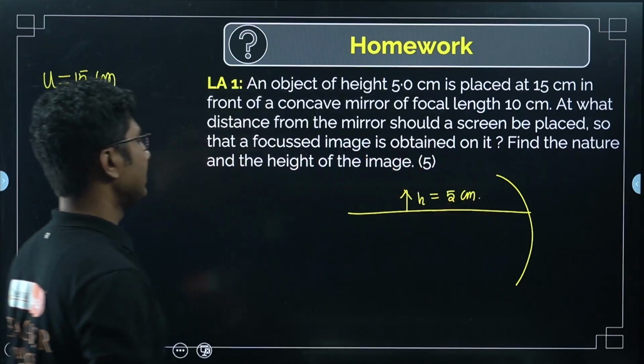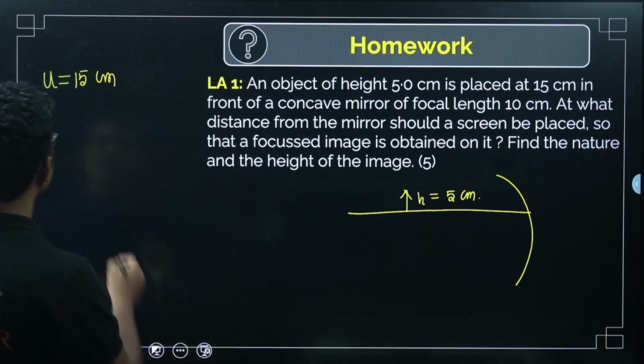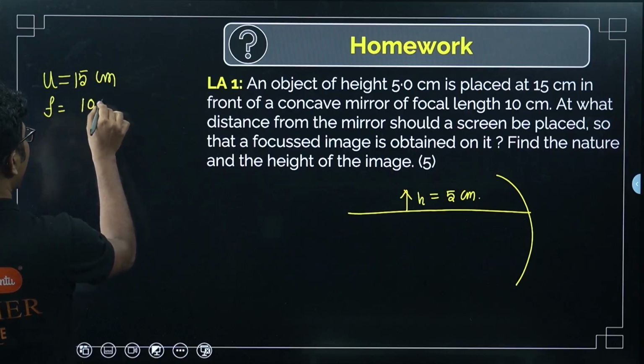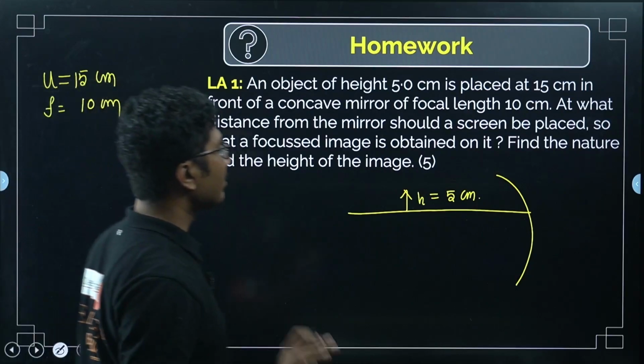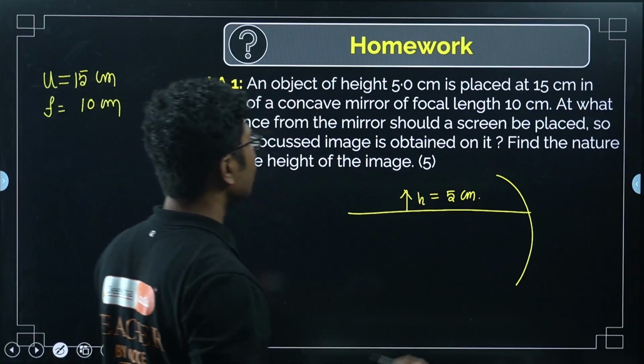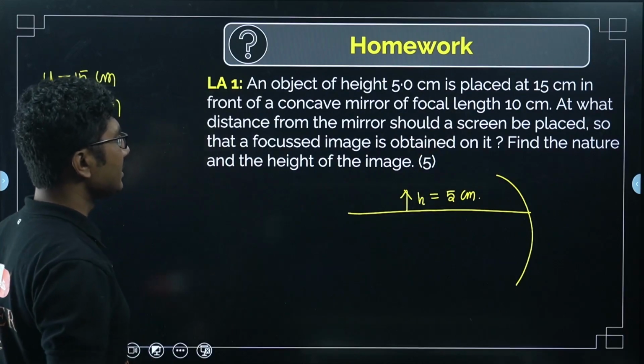Focal length is given as 10 centimeter. Signs are not given, you have to take the signs. At what distance from the mirror should the screen be placed so that a focused image is obtained on it?